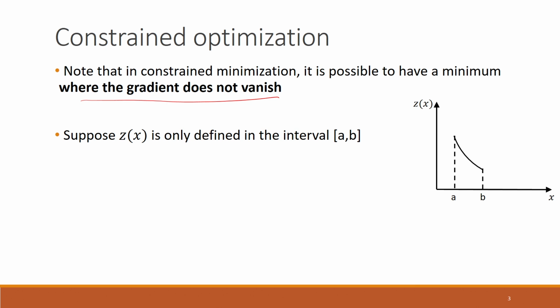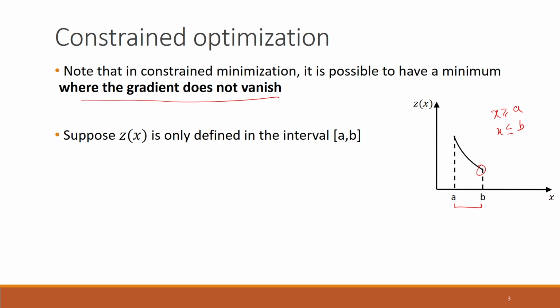Suppose we are minimizing this function z(x) as shown on the right here, and we have this constraint that x is greater than or equal to a and x is less than or equal to b. That means the feasible region is restricted to this line segment from a to b. Now you can see that the minimum value of z occurs at point b, but here the slope of the function is not equal to 0.